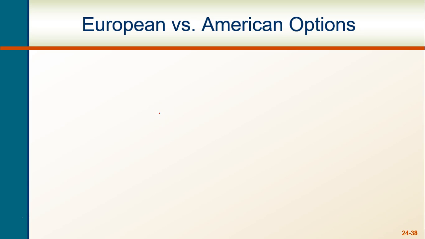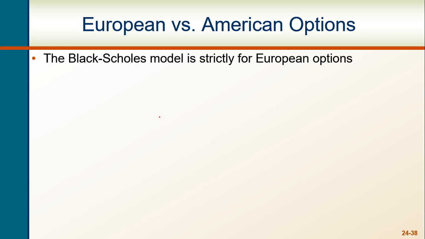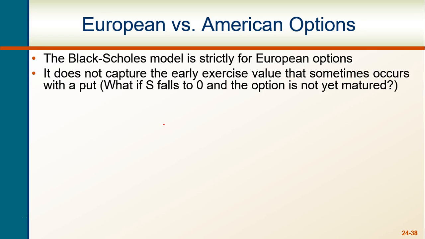Let's also look at the difference between European and American options. The Black-Scholes model is strictly for European options, we know that. The problem is that the Black-Scholes model does not capture the early exercise value that occurs with a put. Like we discussed a moment ago, if the stock price falls to zero and the option has not yet matured, and if it's a European option, you cannot exercise it.